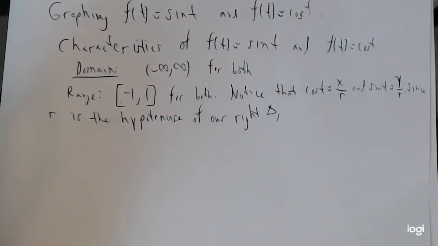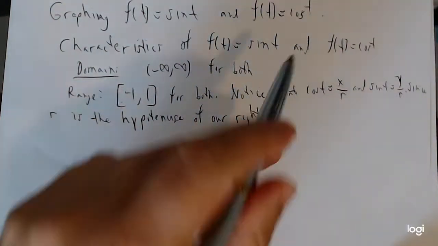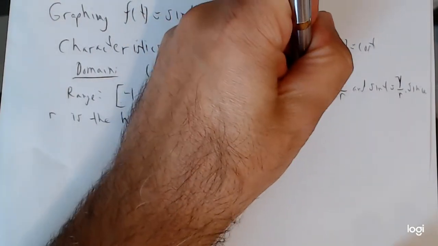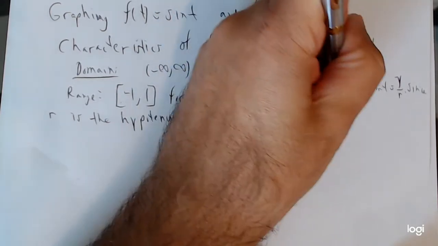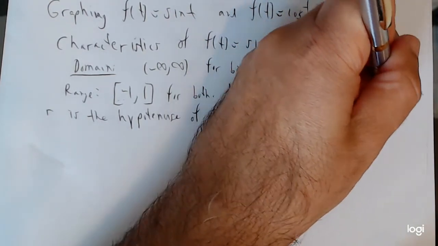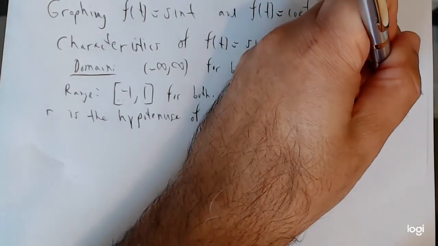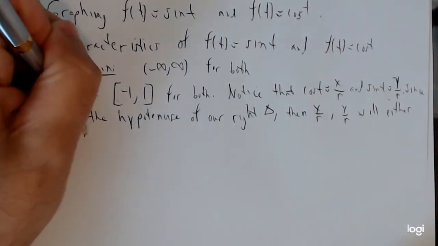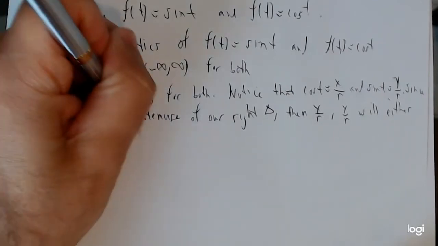If you remember when we drew x, y, and r, other than quadrantals of course, r is always the hypotenuse of our right triangle. And what do we know about the hypotenuse? That's the longest side. So since r is the hypotenuse of our triangle, then x over r and y over r will be between plus or minus 1, right?